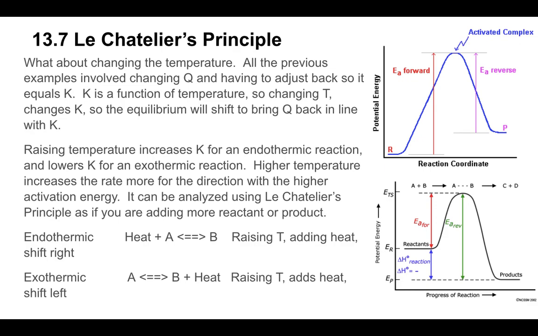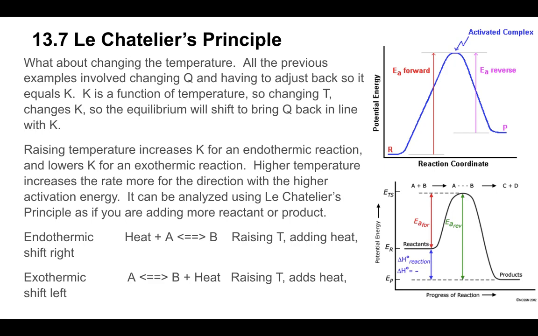However, raising the temperature actually speeds up the reaction with the higher activation energy more than it speeds up the one with the lower activation energy. It just has to do with Boltzmann's distribution and how it all works. But the higher activation energy direction is more affected by raising temperature than the lower activation energy direction.